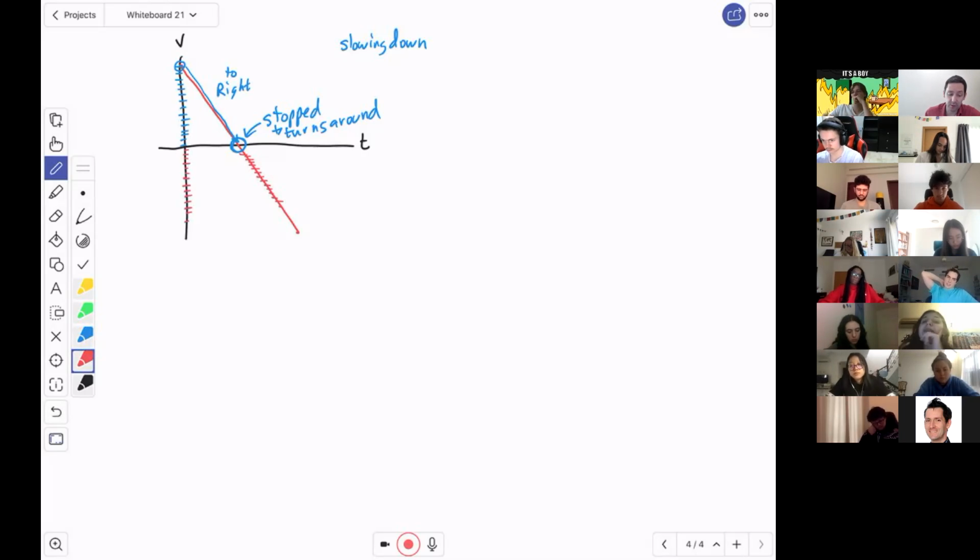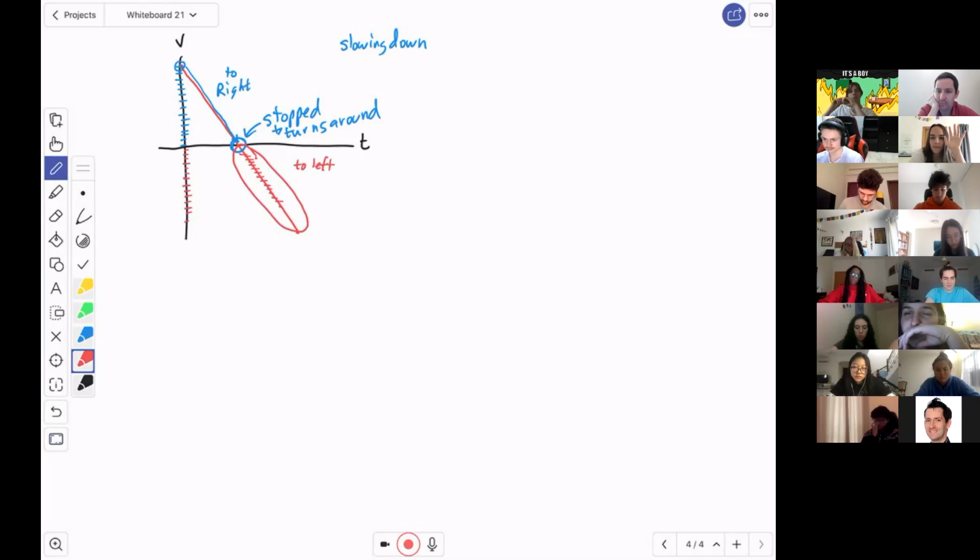They're all negative velocities, which means it's moving to the left. Now, back to the original statement. Is it slowing down here? Okay. Yes.